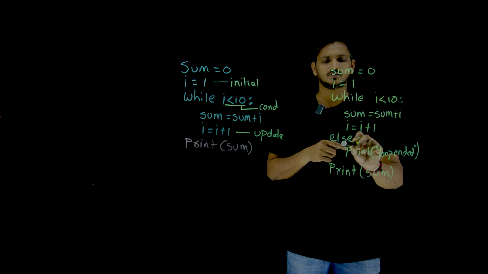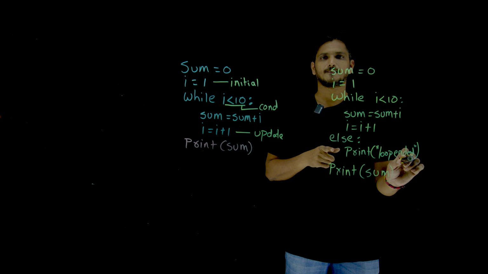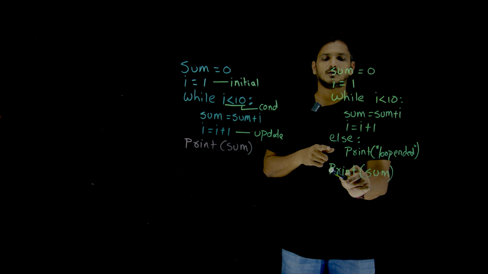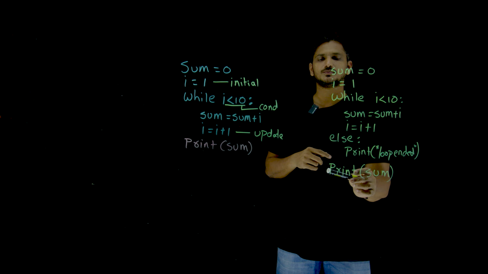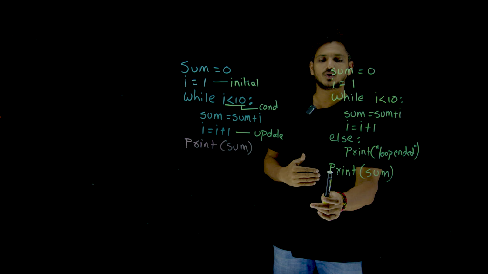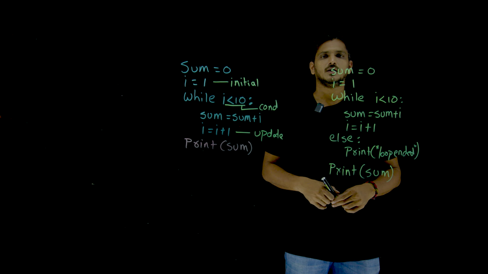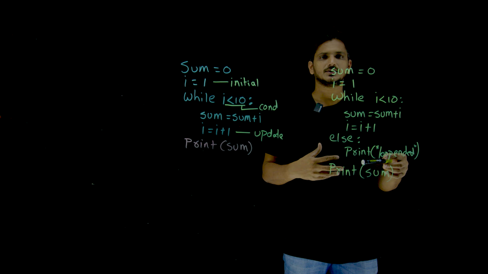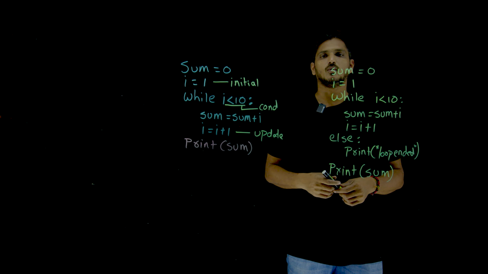Whenever it's false, it is going to execute print loop ended. After completion of the else part, it is going to continue with the remaining code. What is the remaining code? Print some value. So this is what happens when you use the else part in the while loop.